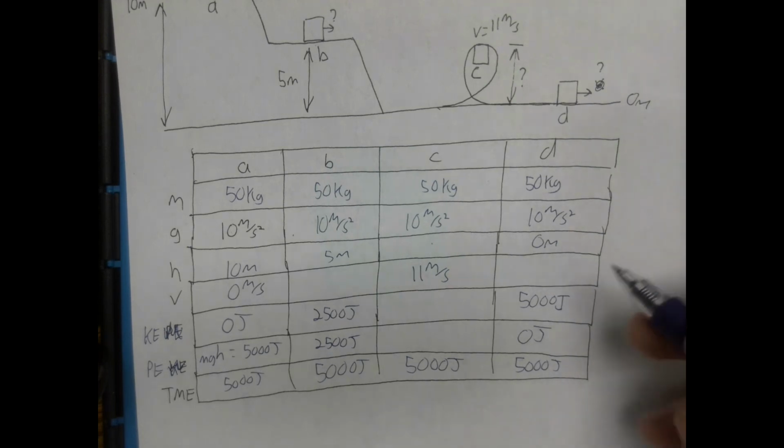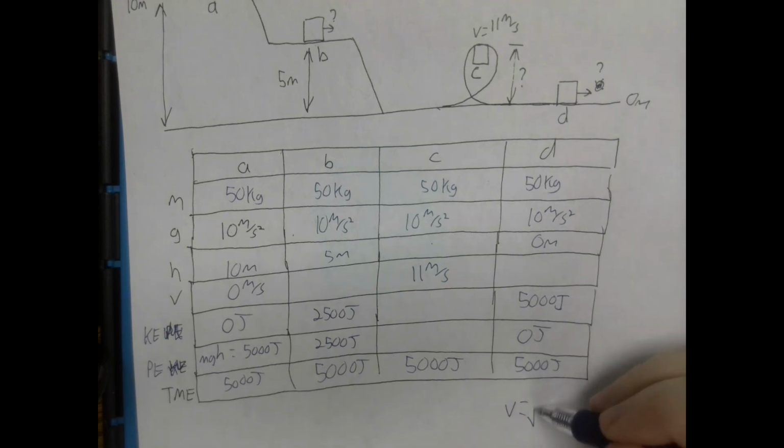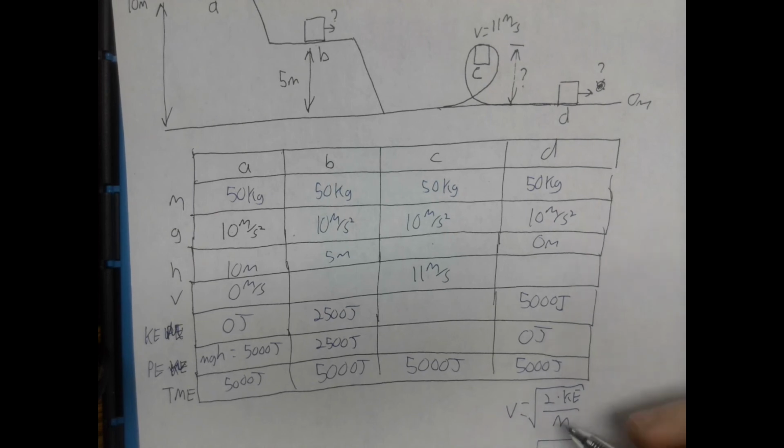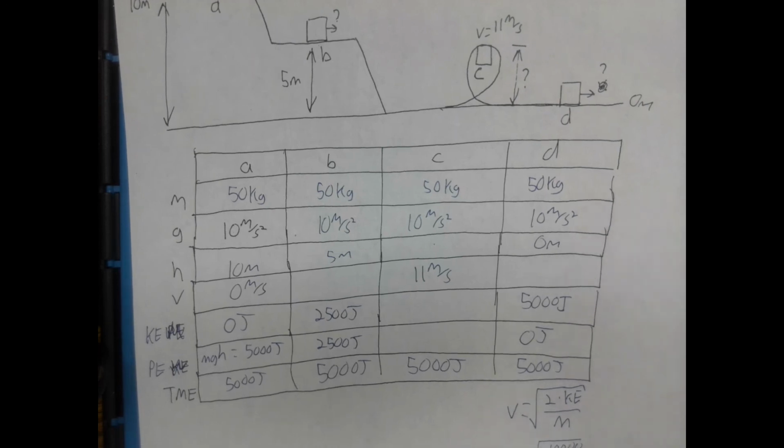For D, velocity is equal to the square root of 2 times kinetic energy divided by mass. So 10,000 divided by 50.